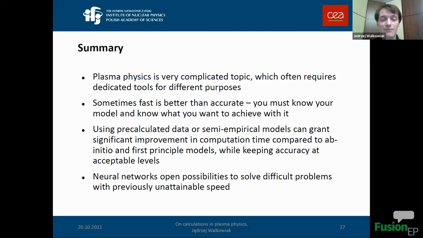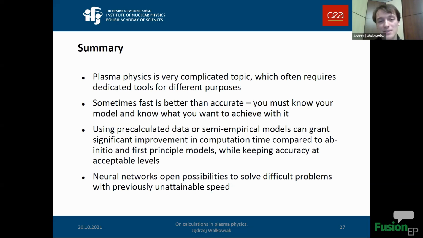Okay, and to somehow sum it up, I would like to give you some take-home messages. So first, despite the fact that plasma physics is very complicated, we can use some dedicated tools to solve our problems. And this way we can deal with many different phenomena in tokamaks.